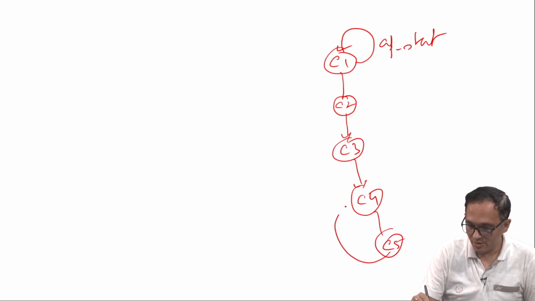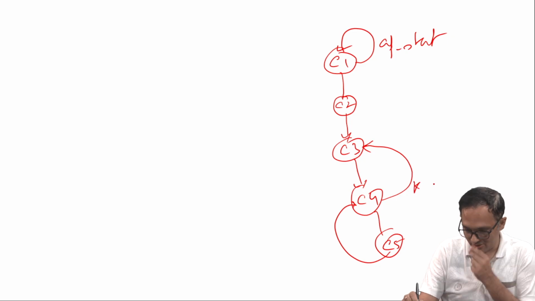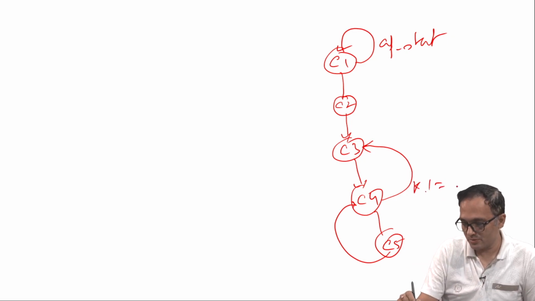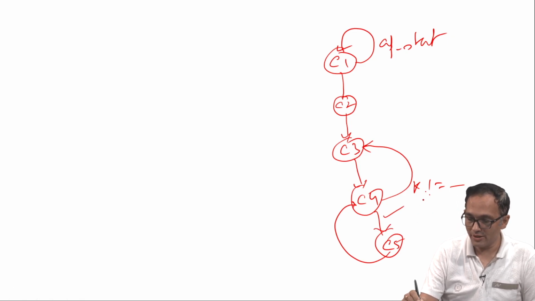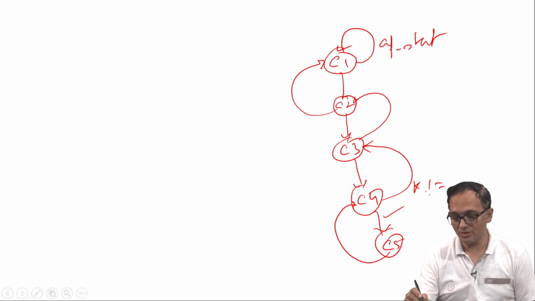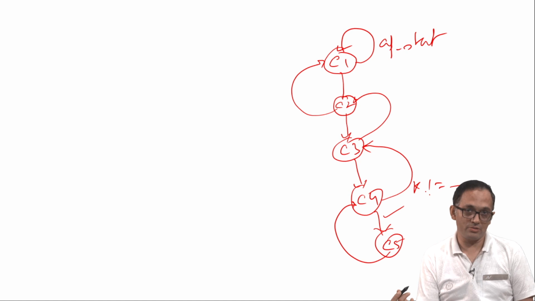From C5 it will come here. Whenever the condition is done, right, this is k greater than or equal to the limit, whatever the value, it will come here, otherwise it will go inside, right, and then once it is done it will come back to this, once this is done it will come back to this, right. So, this is how the nested for loop is going to execute. Okay.